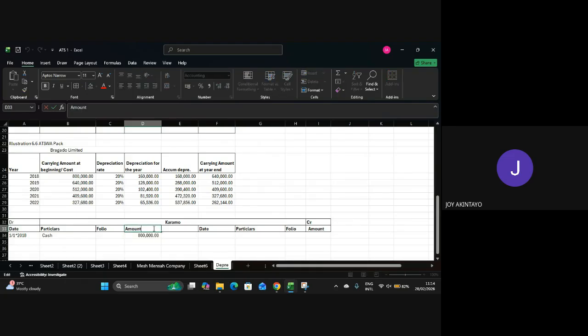Let your cash be here. Are we together? So at the end of the period, which is at the end of the year, we have 31/12/2018.